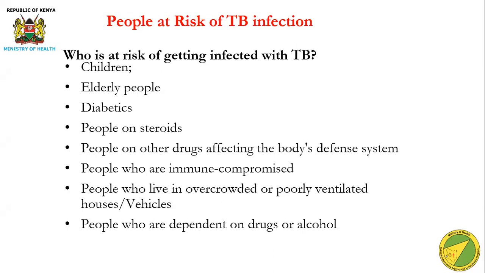And so if there's a small room or a house with one room where 10 people live, obviously these people will be exposed to TB. Not only the houses, even the vehicles.